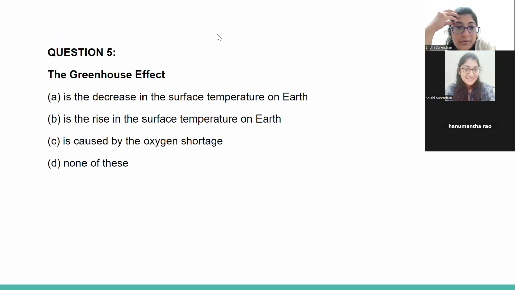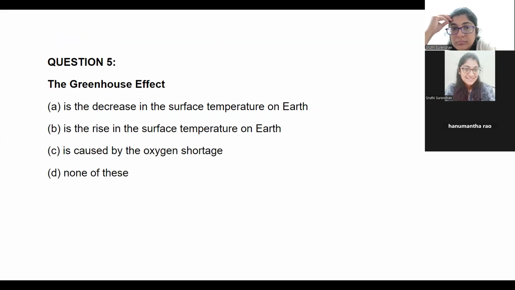What is the greenhouse effect out of these four options? Correct, it is the rise in the surface temperature on Earth.